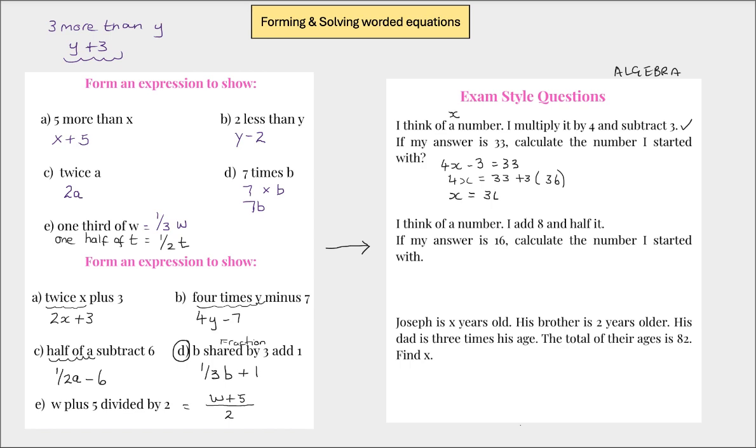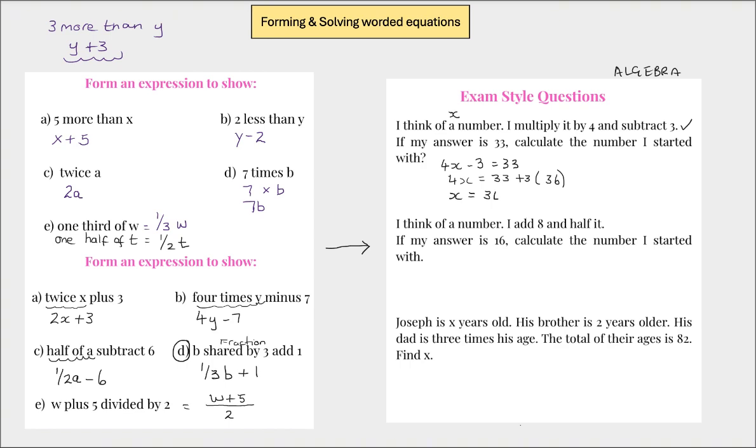So now we've got 1x plus 2x plus 3x, so we've got 4 lots of x's plus 2 equals 82. Now, as you can see, even though the way it was written is a little bit more complex, we eventually still get the same outcome as we have there, just algebra. It's just a few extra steps.